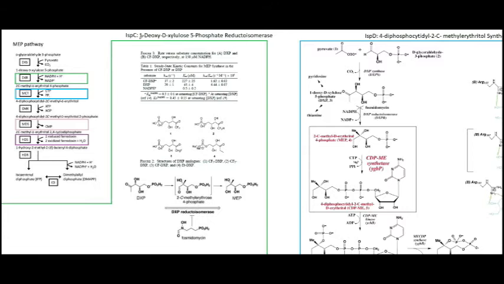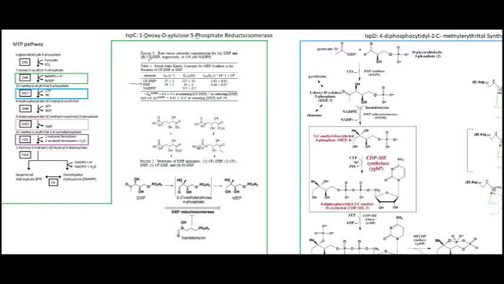And so in a paper which is linked in the description down below, they actually looked at the kinetic parameters of this enzyme with the DXP, which is the deoxyxylulose phosphate. So that's what DXP is, which is the substrate.